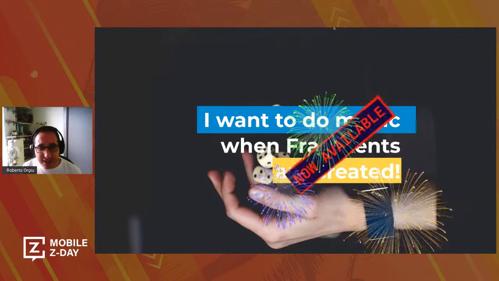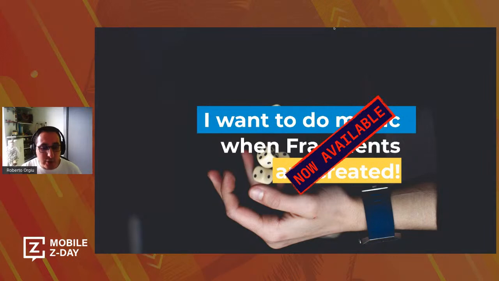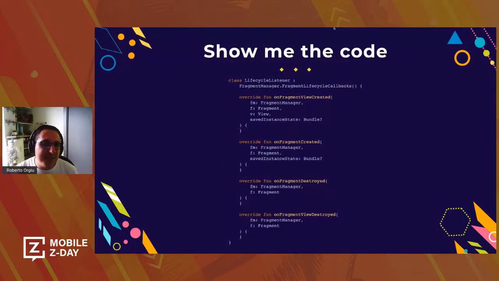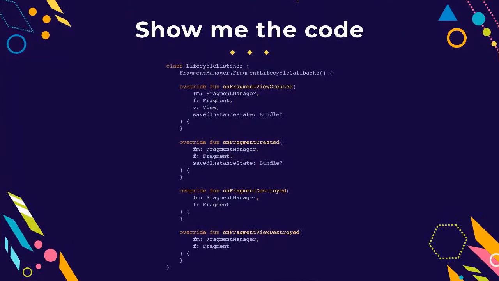Well, luckily for us, now we can. So now we can basically listen to when fragments change their life cycle. Let's see how we can do that. So the code here is pretty long, but it's not important that it's readable. I will try to guide you through it.